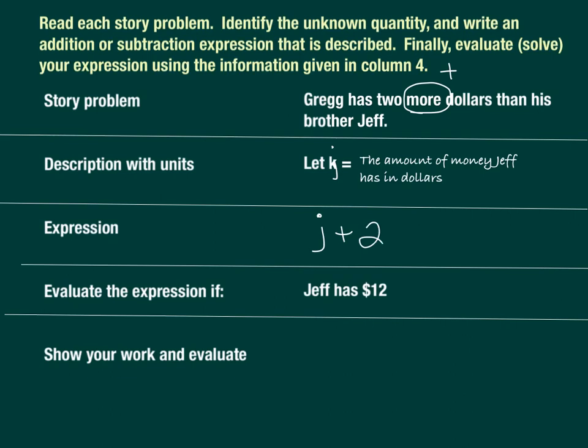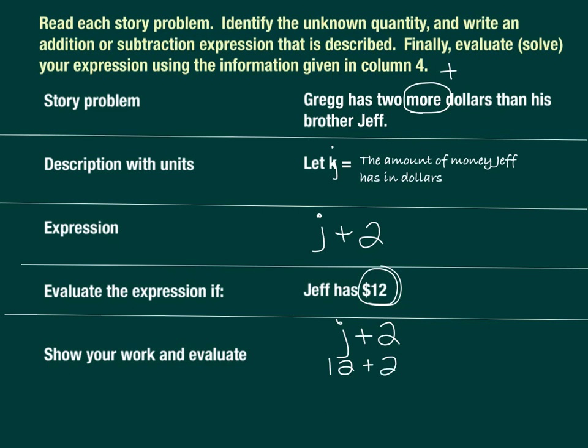So now it says to evaluate the expression if Jeff has $12. So to show that work, I'm just going to start with my expression, J plus 2. They are now telling me that Jeff has $12. So all I'm going to do is substitute in 12 for my variable J, because Jeff has $12, and rewrite this.